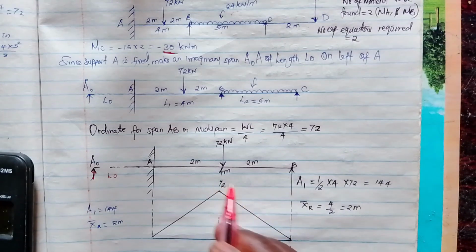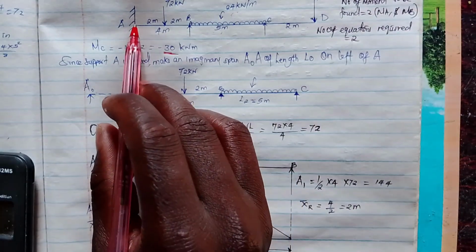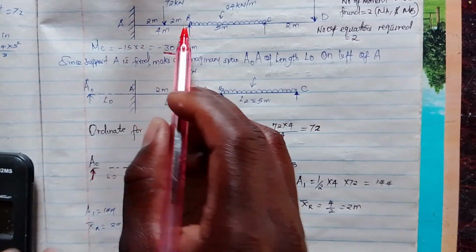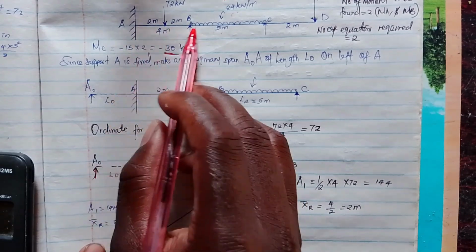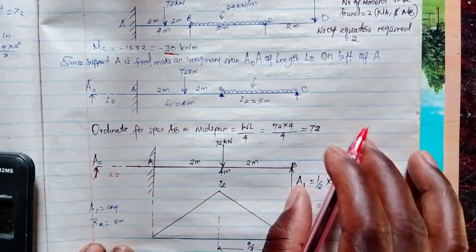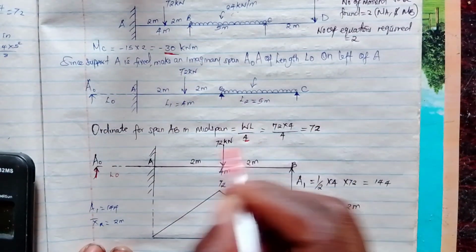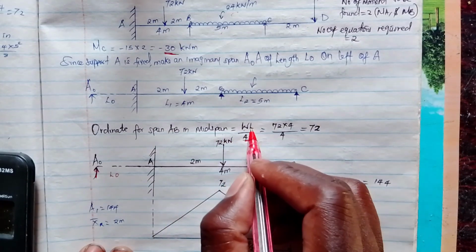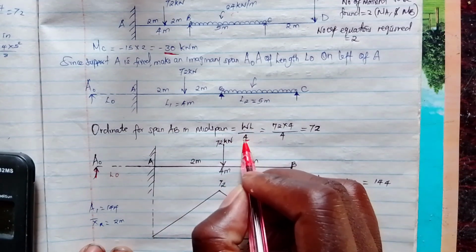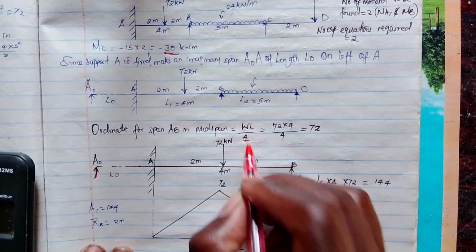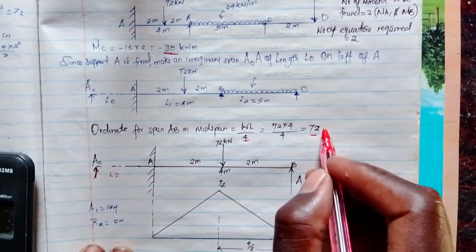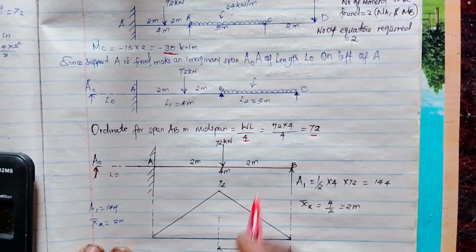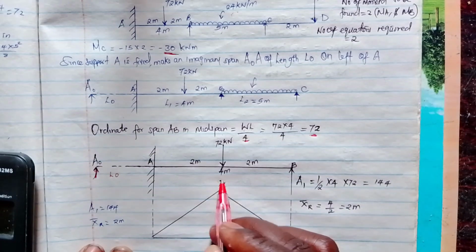Why 72? Because the formula for calculating the free-hand moment is W times a times b over L, the total distance. We get 72 kilonewton meters. This will be our height.